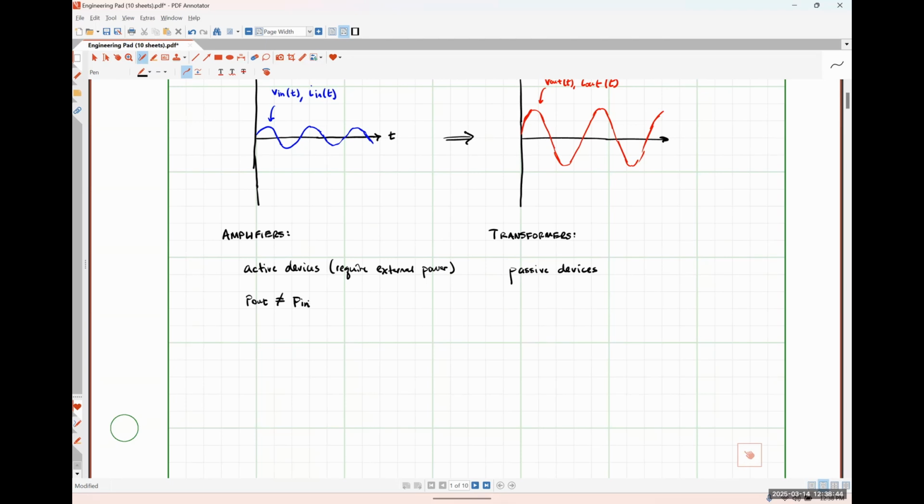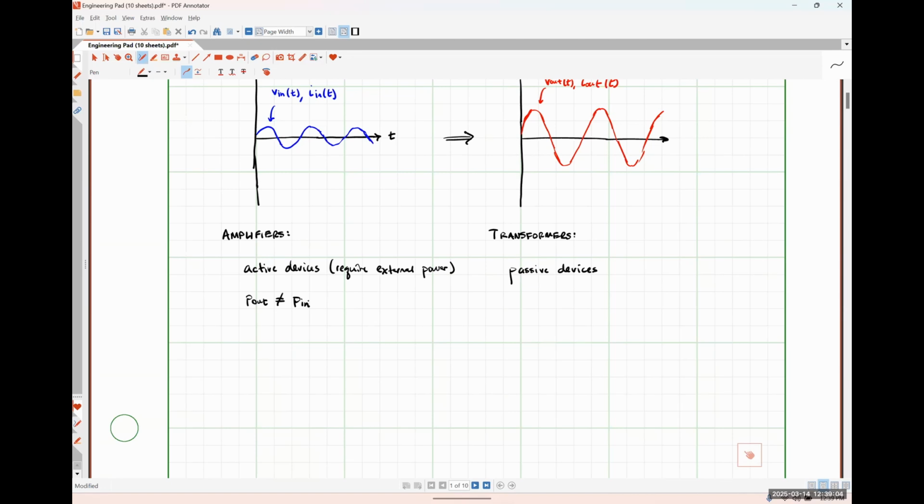In fact, it will often be greater than the input signal. So if our input signal is delivering, let's say, 5 milliwatts, our output could be generating as much as 5 watts, depending on what type of load we have, how much signal we boosted, all of that kind of good stuff.